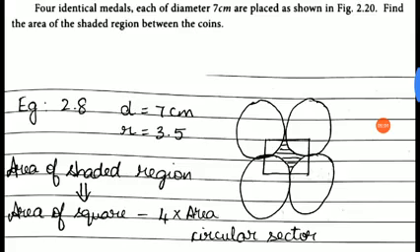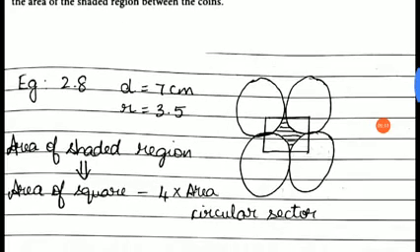Next, area of shaded region. This is the formula we are going to derive first: area of the square minus 4 into area of circular sector. Then, area of the square, what is the formula? Side into side. See here, this is the square and this value is 3.5 because this is a radius, right?